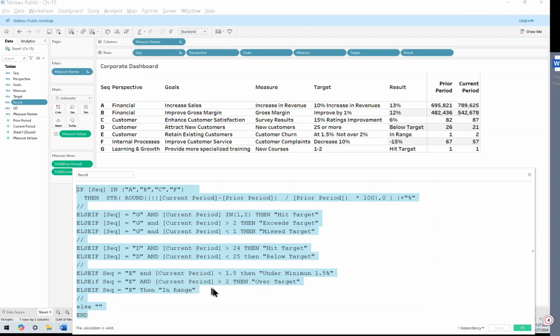If it's greater than 2, we're over our target. Otherwise, it's in range. And this one might need fixed. So there may be an error in this. That's for you to find out.